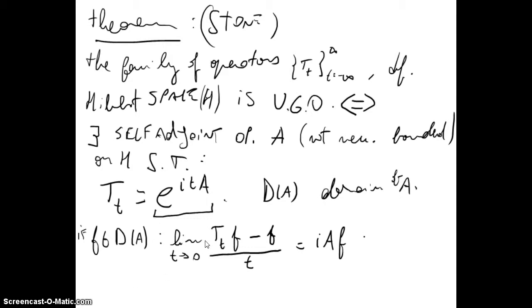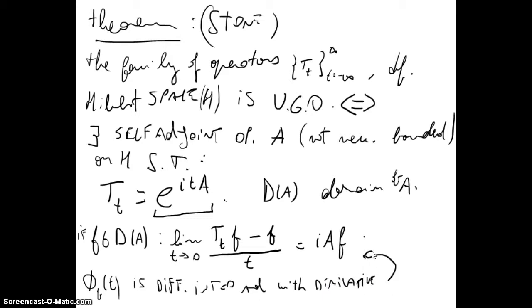This means that if f is in D(A), then the curve that we define, phi f t, is differentiable at t equal to 0 with derivative iAf.